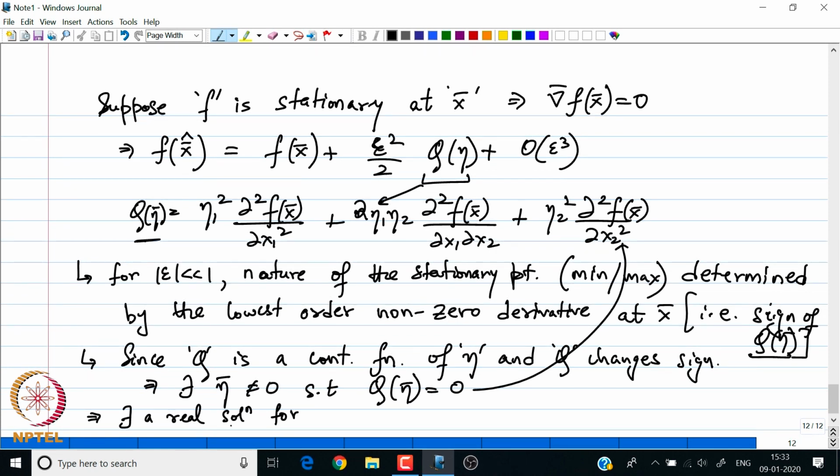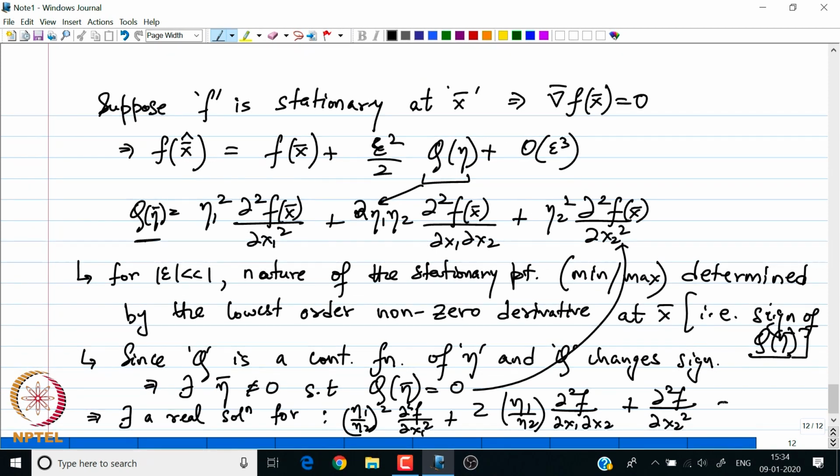So, there exists a real solution for the expression (eta 1 by eta 2) squared times the second derivative of f with respect to x1, plus 2 eta 1 by eta 2 times the mixed derivative of f with respect to x1 and x2, plus the second derivative with respect to x2, set equal to 0.